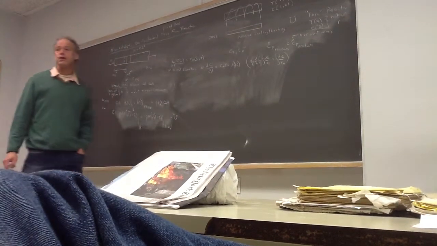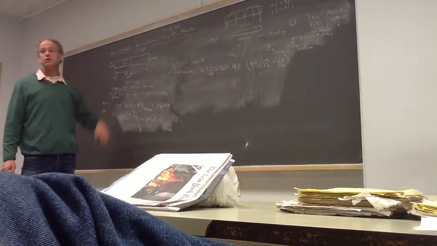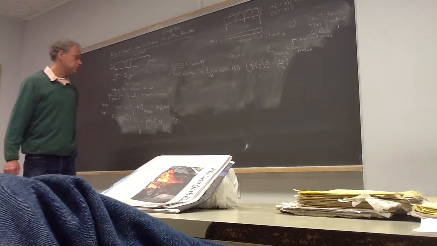What is that multiplied by? The area. What is the area if it's a cylinder? 2 pi r delta Z.